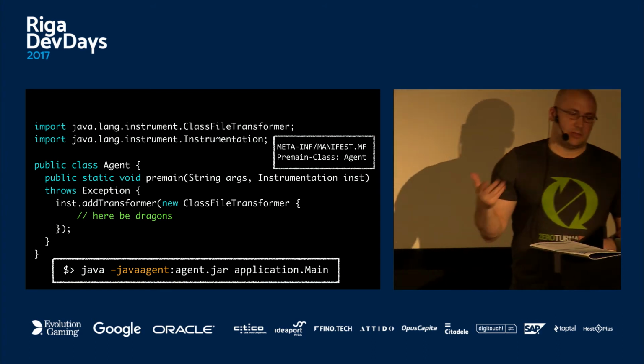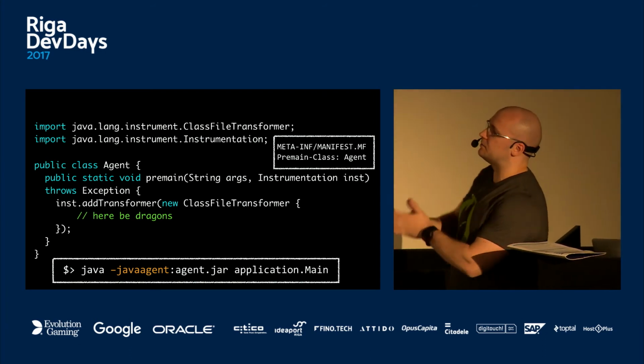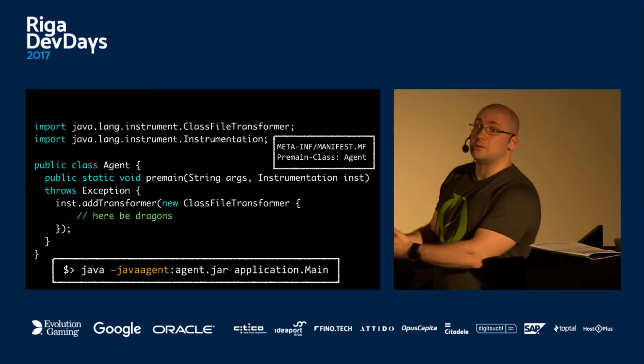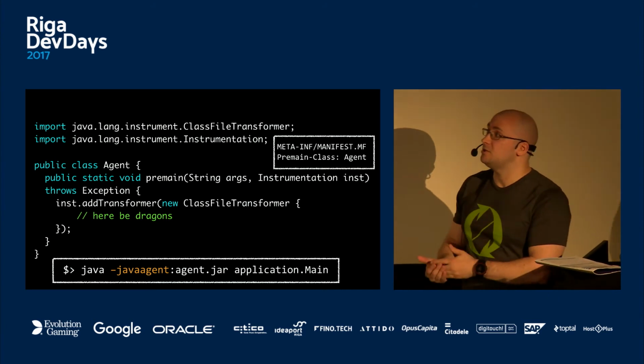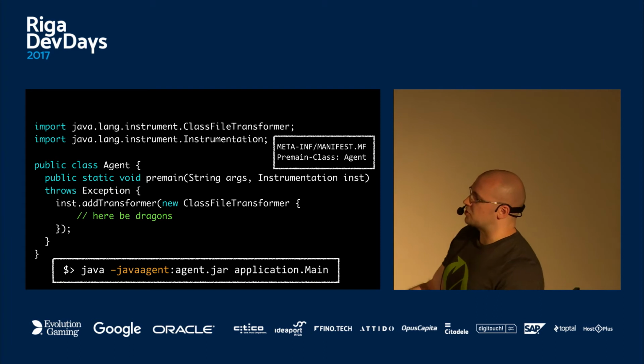This gives me the ability to prepare the classes being loaded for reloading afterwards. So when I want to change them, all the preparation is already done. I can just change the versions.